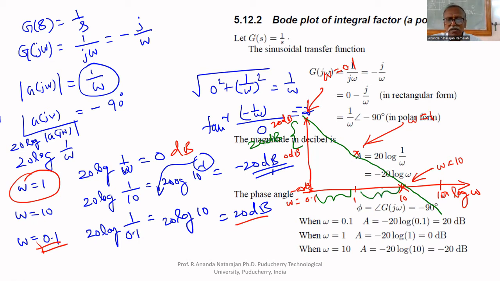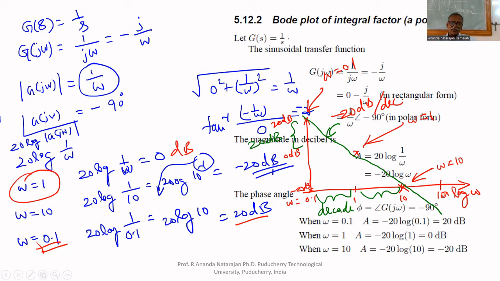Again, from 1 to 10, what is the change? 0 to minus 20. Again, it decreases by 20 dB. It decreases at the rate of 20 dB per decade. This width is called 1 decade. So it decreases at the rate of minus 20 dB per decade.